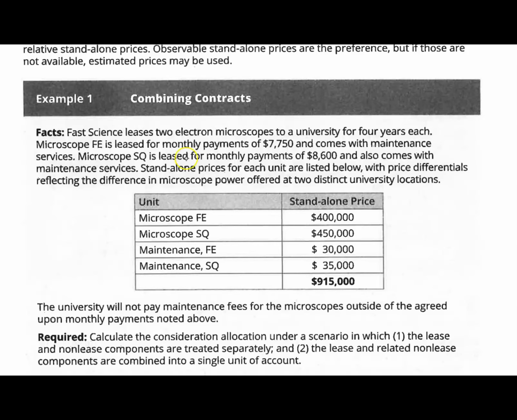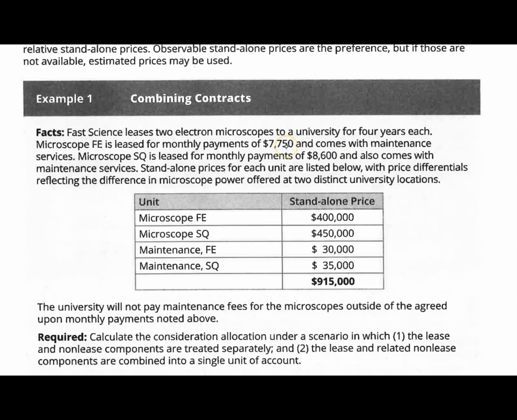So now look, the university will pay only this monthly installment, 7,750 plus 8,600. If you add these 2 microscopes' monthly installments, they will pay 16,350 each month, and this is for a 4-year lease term.